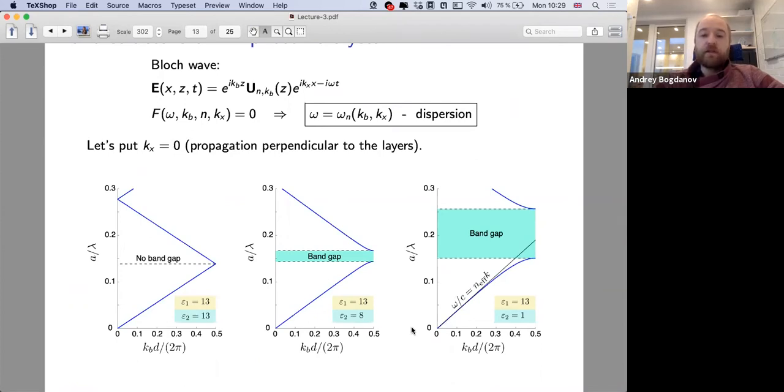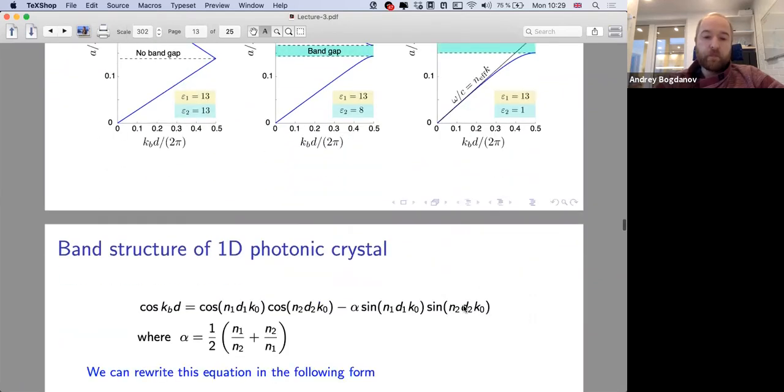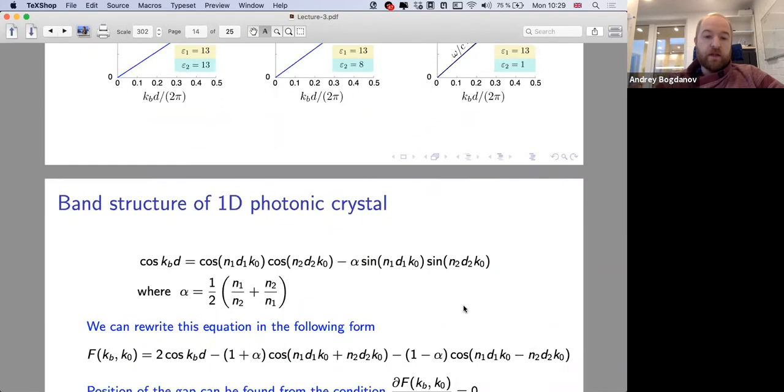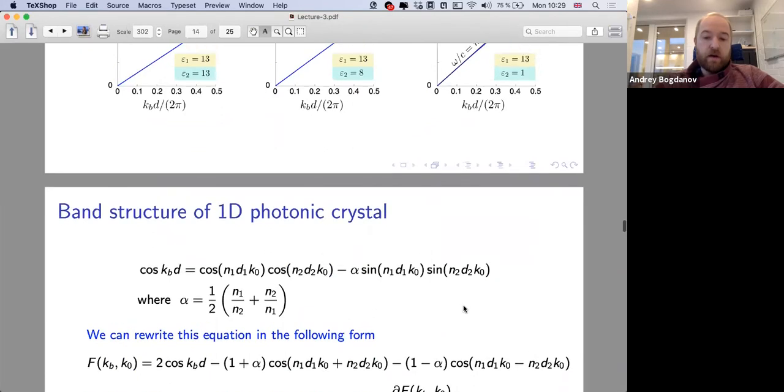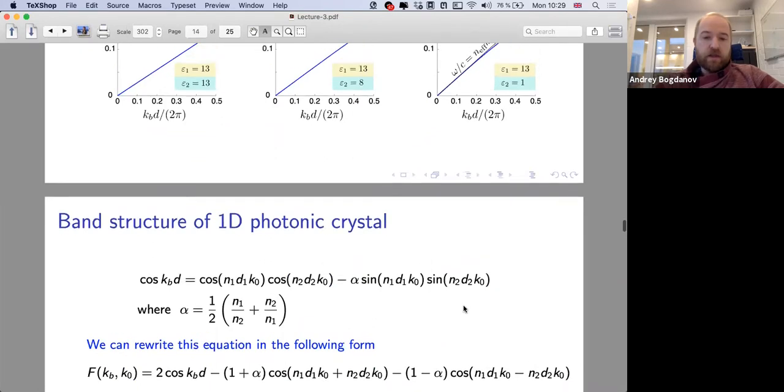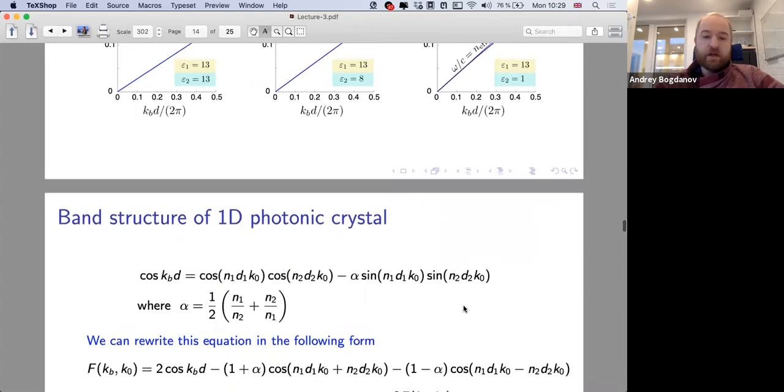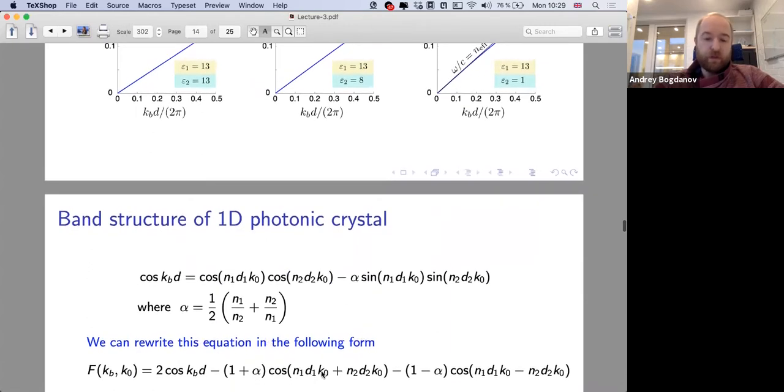Let me directly calculate this effective permittivity or effective refractive index as a function of the period, the thickness of my layers, and the permittivity of my layers. Let's start. I think I will start with this formula.